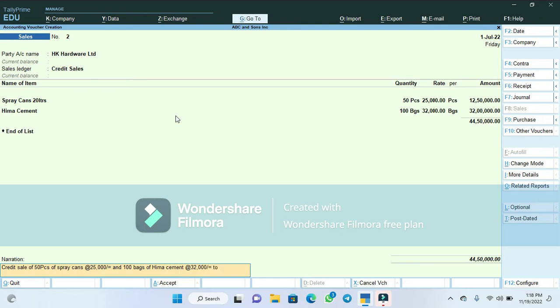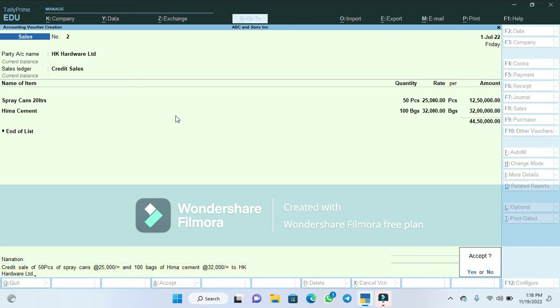You can even say to HK Hardware. And you can leave it at that, or you can further explain whichever you want the auditor or the accountant to see in the narrative notes. You press enter.